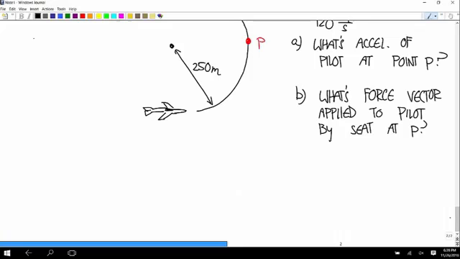Why would we want to calculate that? Well, most likely it wouldn't be so important to figure out the force that the seat applies to the pilot, but we would calculate this so that we could figure out, using Newton's third law, the force vector the pilot applies to the seat.